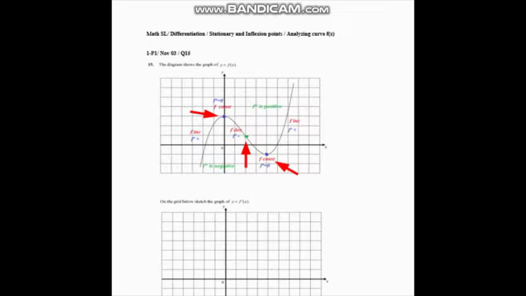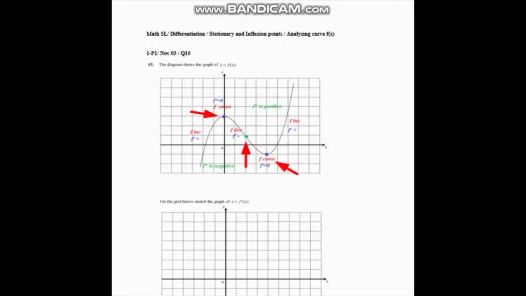It could also be the point where f double dash goes from positive to negative. And this is the definition of an inflection point. On the graph, an inflection point is a point where the curve changes concavity. In an equation, the inflection point is the point where f double dash changes sign. And this is an extremely important definition. And for f dash equals 0, this is the definition of the turning point. So the turning point is the point at which f dash equals 0.